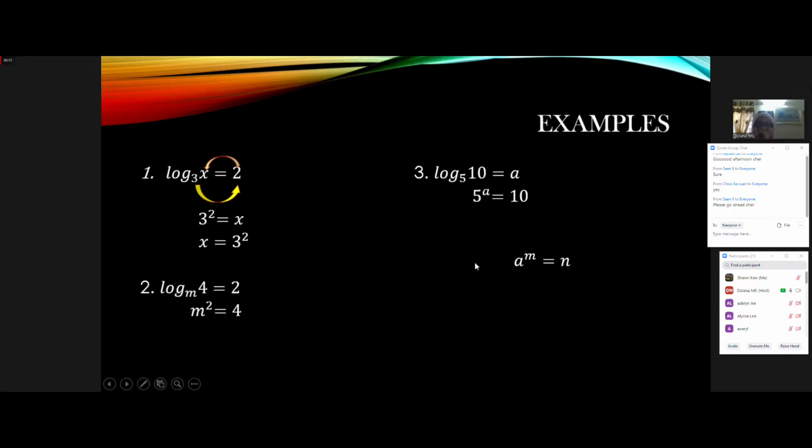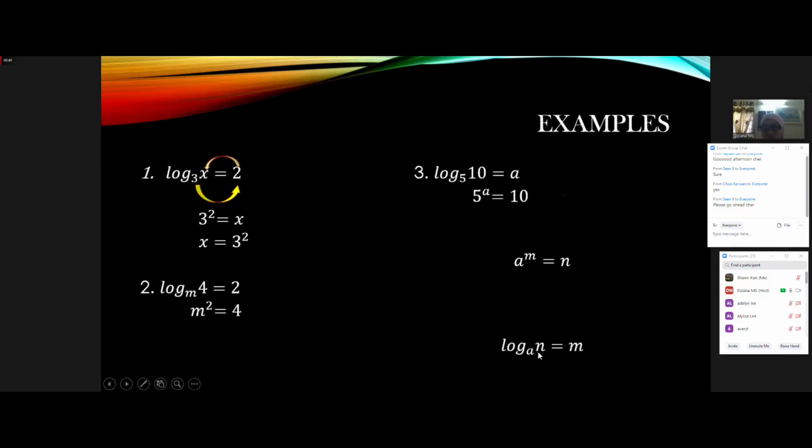Now, vice versa, from index form to log form. So I have a to the power of m equals to n. I want to convert that into log form. Remember, the base of the equation is always the same. So the base is a and the log must also have base a.